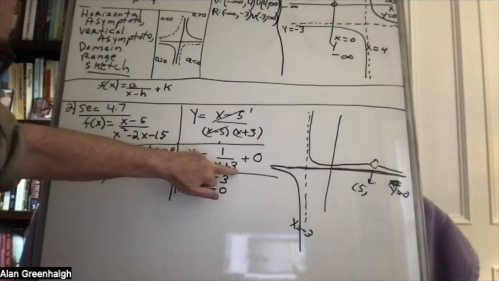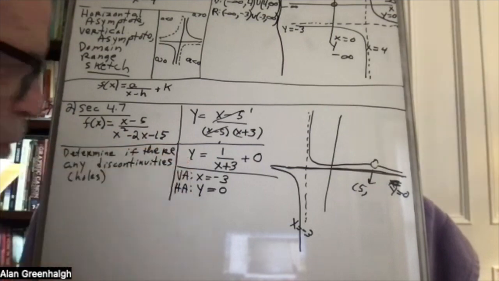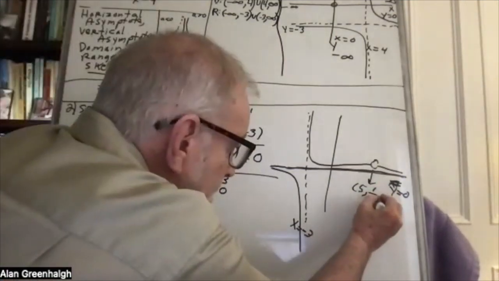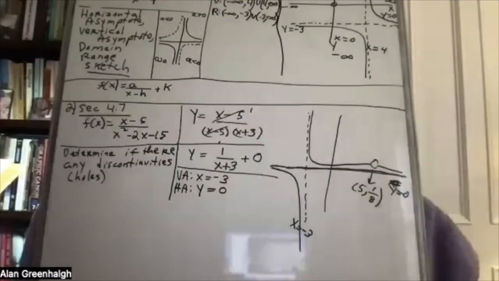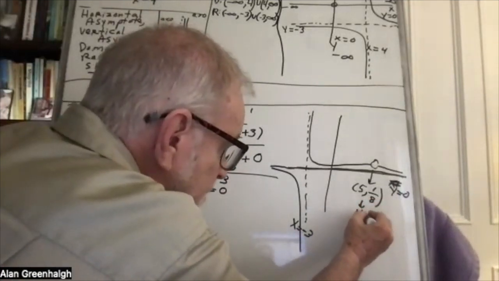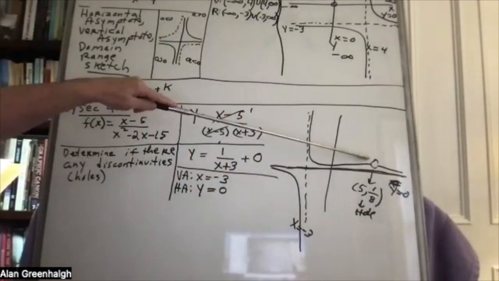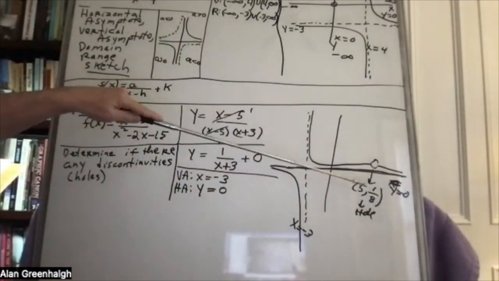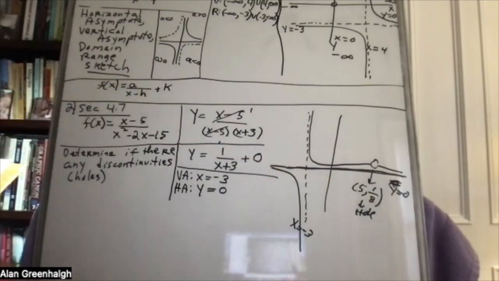So 5 plus 3 is equal to 8, and the value of y is 1/8. And that's the hole. You can indicate that if you'd like, but I don't think you need to say it's a hole. It's pretty obvious that it's a hole in the graph, and this is where it's located. And this is the complete problem.